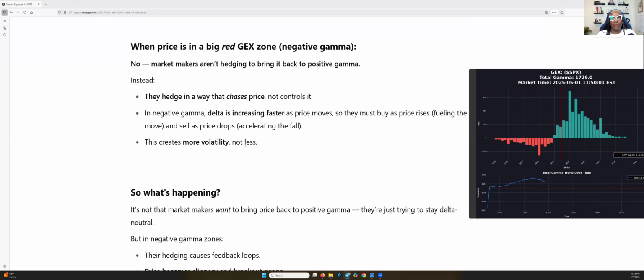This creates more volatility and not less. I think I put this in one of the graphics inside the chat today about this red GEX zone. When it's in the red, there's not necessarily going to be a wall to push back to the green. Basically, when it gets in the red, it keeps reddening, which is why when price starts falling, it keeps falling, speeds up and falls even faster. That seems to be what's happening here.